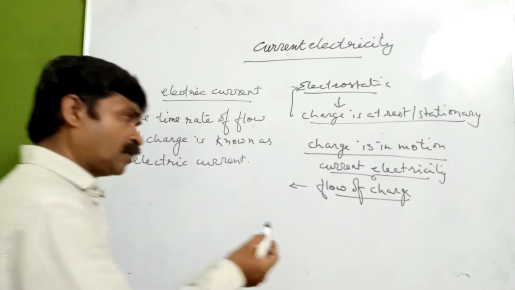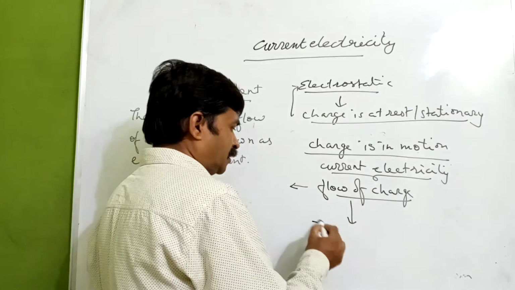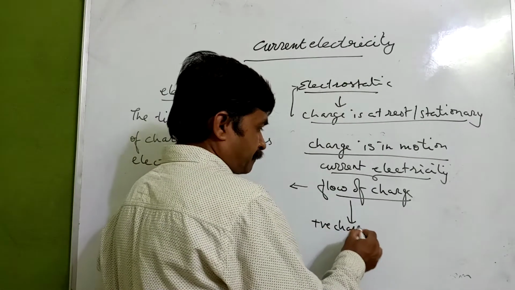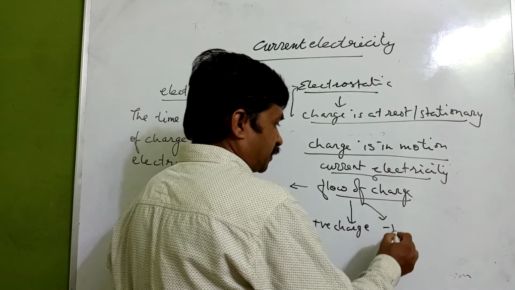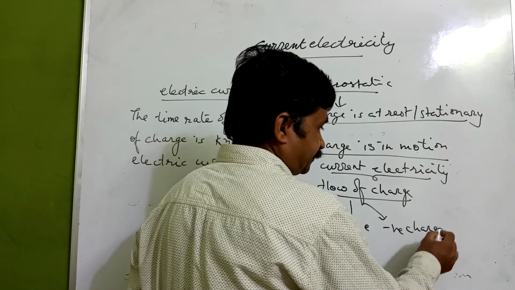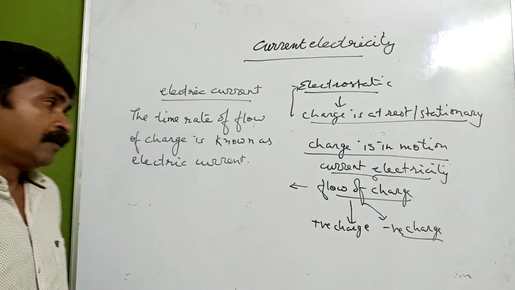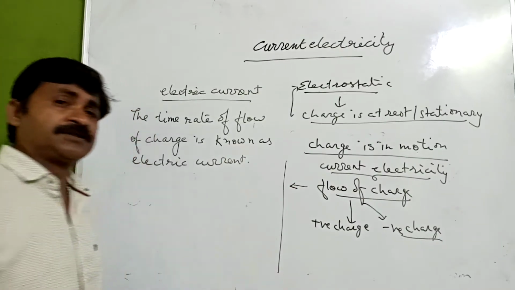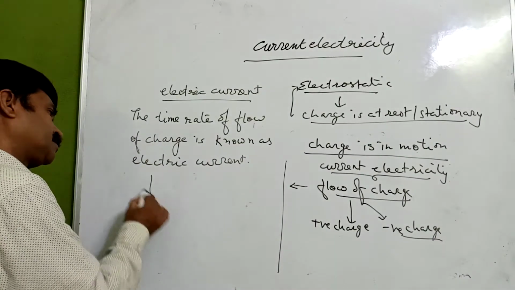Now we know that there are two charges: one is positive charge and another one is negative charge. But when we talk about the charge, there will be flow of electrons.